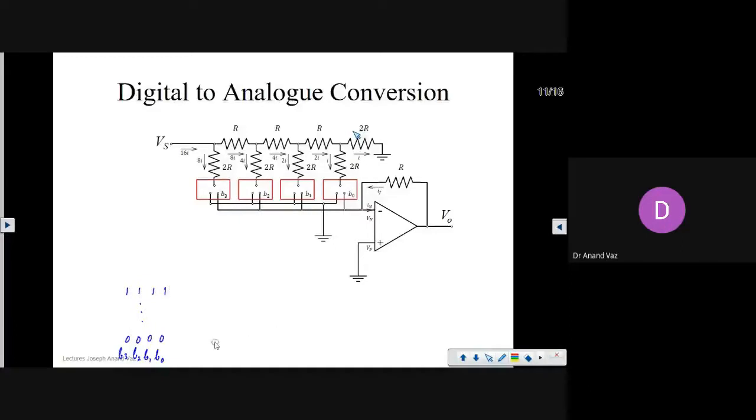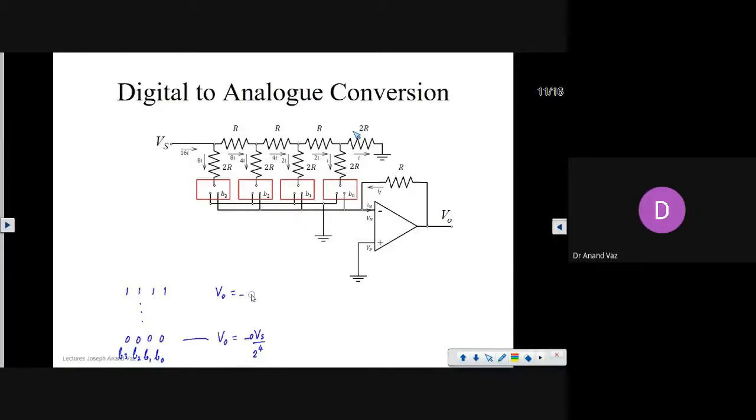So this will correspond to an output voltage equal to minus Vs. So this is 0 into Vs divided by 2 raised to 4.